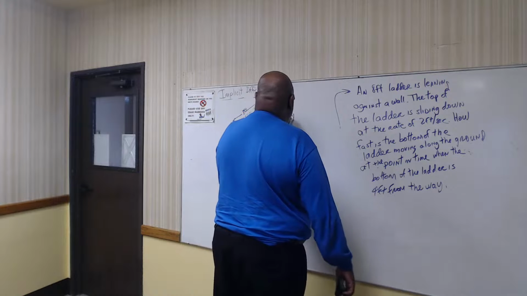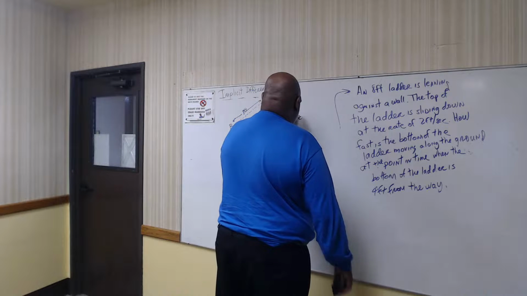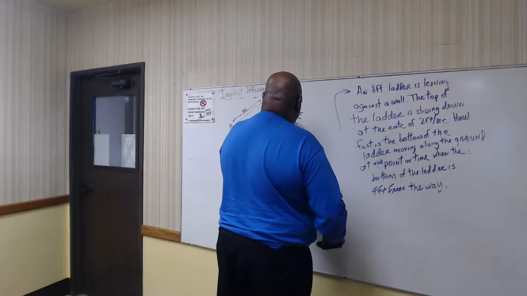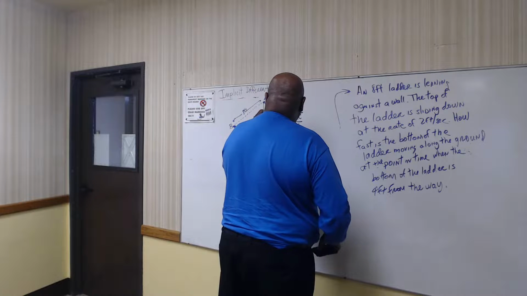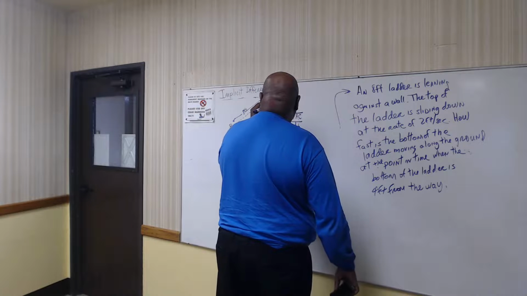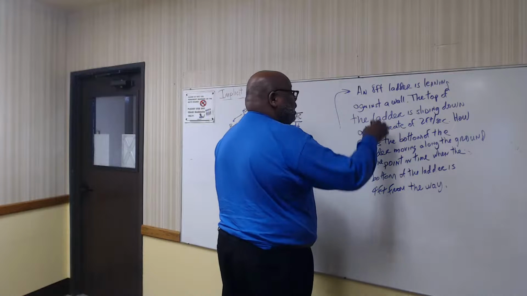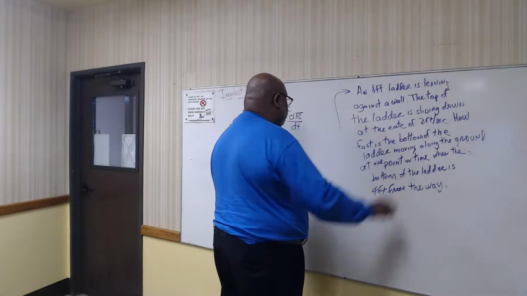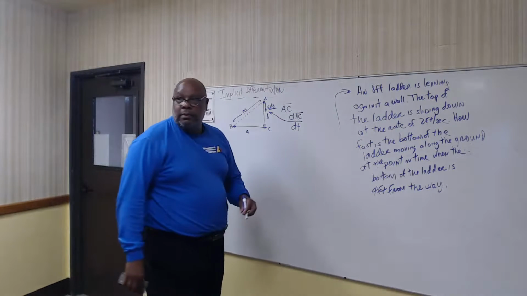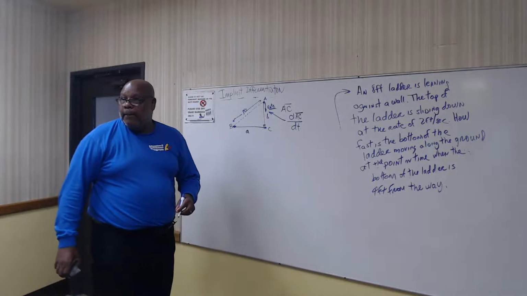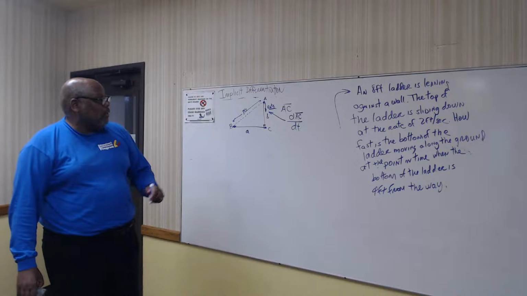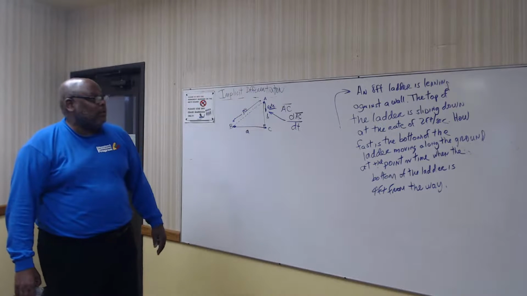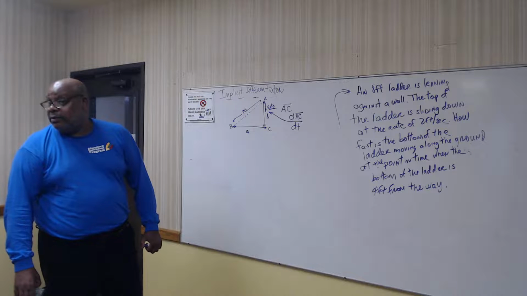So I'm just going to say dAC/dt. That's this velocity or rate. Because what does it say? It says the top of the ladder is sliding down at a rate of 2 feet per second. Okay? So every second, 2 feet down the wall. It's not long before it falls, huh?